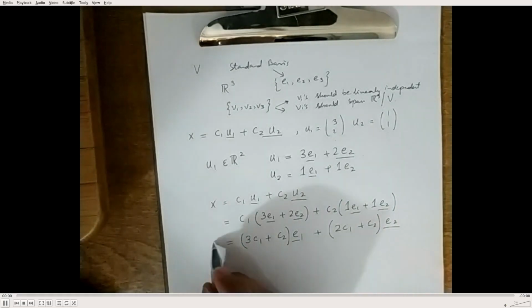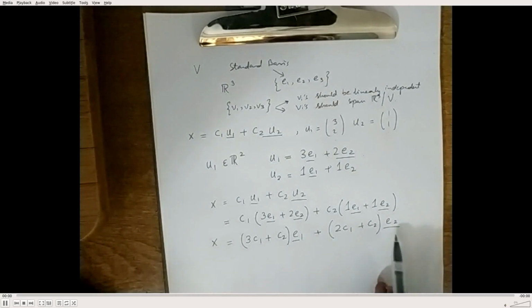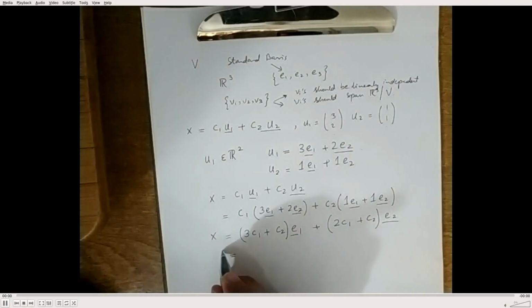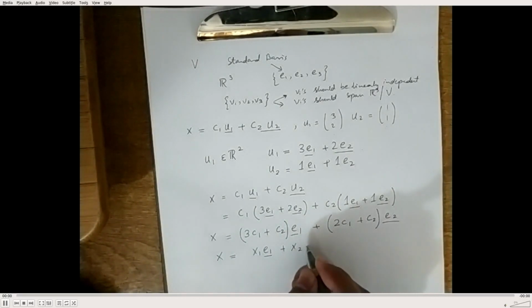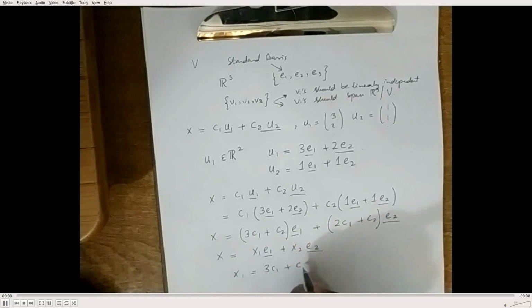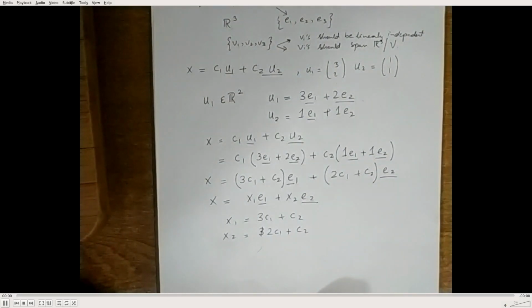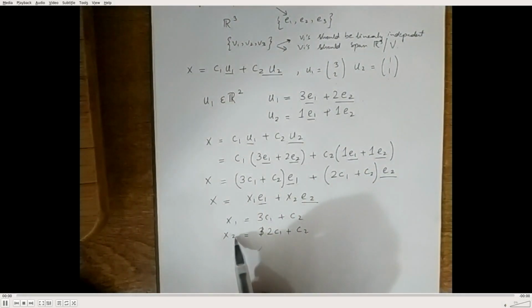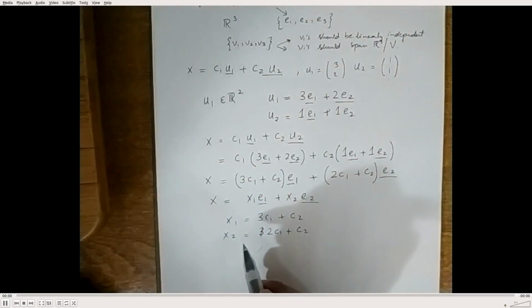And you can see now that X has been represented in terms of the basis vectors E1 and E2. So I can just write X now as X1 E1 plus X2 E2, where I have X1 as 3C1 plus C2 and X2 as 2C1 plus C2. That's my X1 and X2, where X1 and X2 are the coordinates of X in terms of the standard basis.